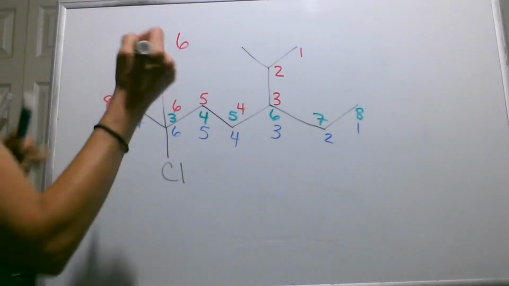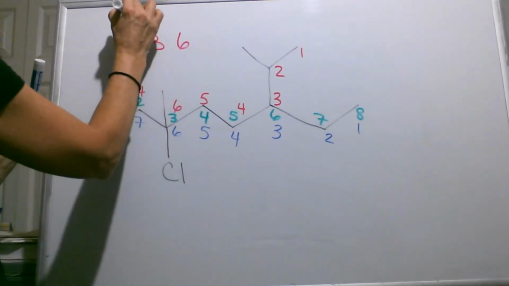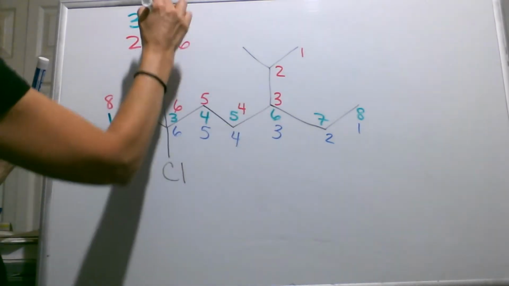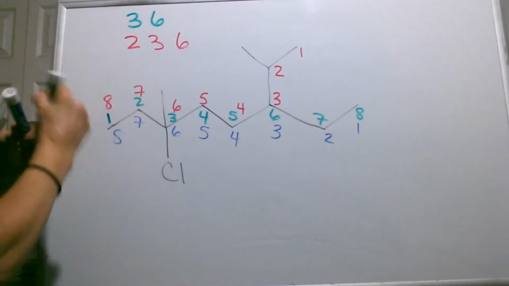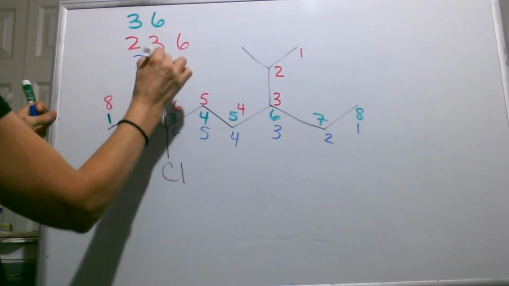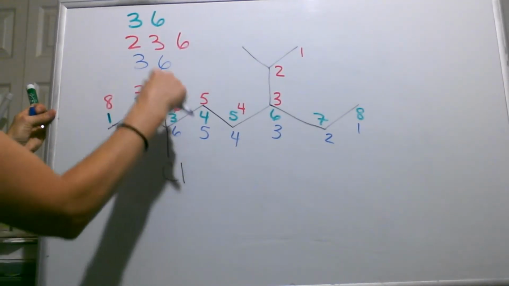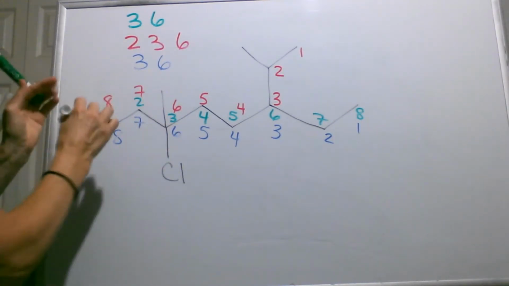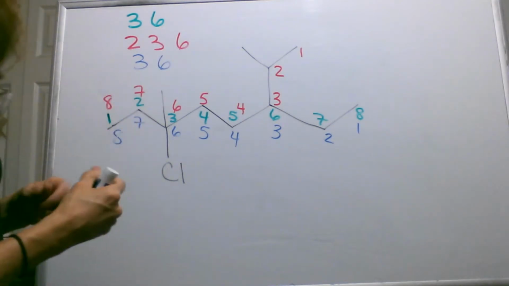Right? So if we look at the green, I should have written this down earlier, we have a substituent on carbon 3 and carbon 6. That's all we have. For the blue, in the opposite direction, we have 3 and 6. And yes, I recognize that whatever this carbon number is here, we actually have 2 substituents, but for the moment we're just looking at which carbon numbers have things attached.